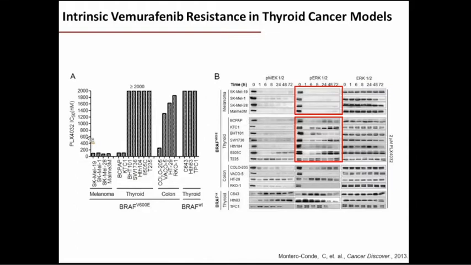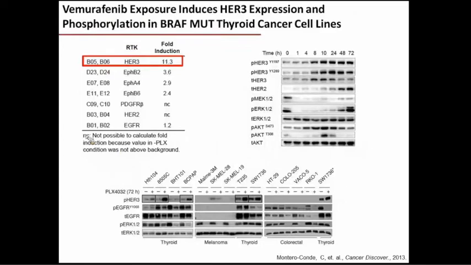So we asked the question why, and without showing you all of the data, essentially we did a screen to find out. Our hypothesis was that they were de-repressing inputs upstream of RAF. And this was proved to be the case in that we had a markedly increased phosphorylation of this member of the EGF receptor family, HER3, which we found through a phospho receptor tyrosine kinase array.